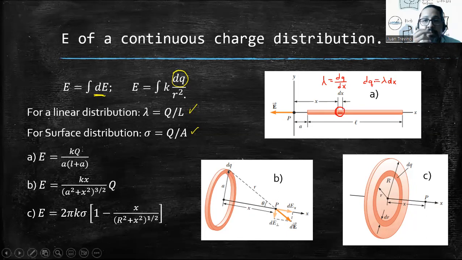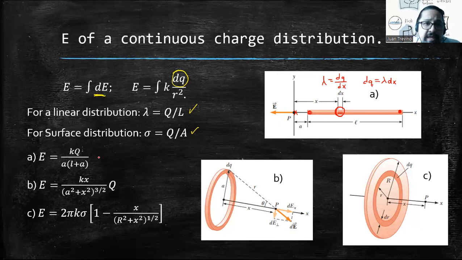Now, once I calculate the differential field contributed by this small amount of charge at point P, I will sum all the contributions, starting at this point, ending at this point, to get the total or net electric field caused at point P by the whole charge distribution.